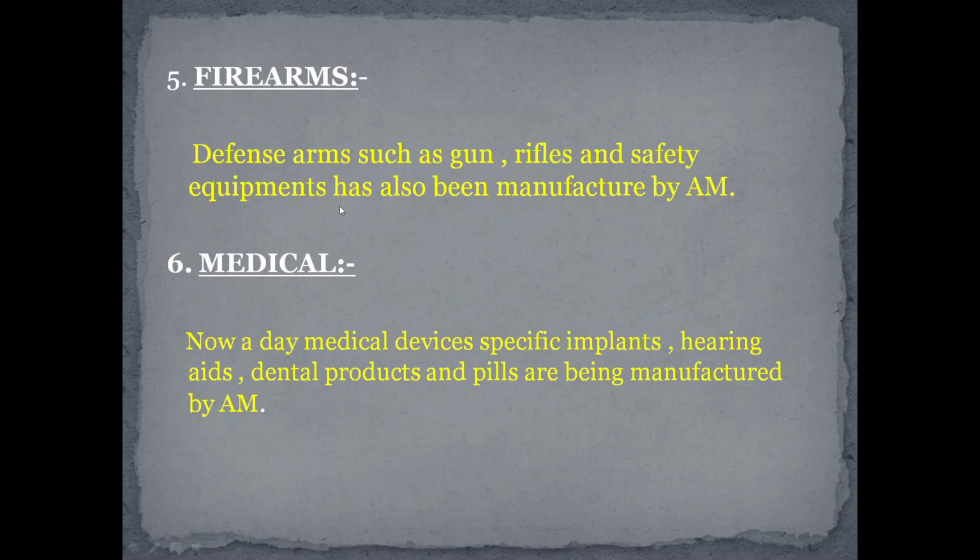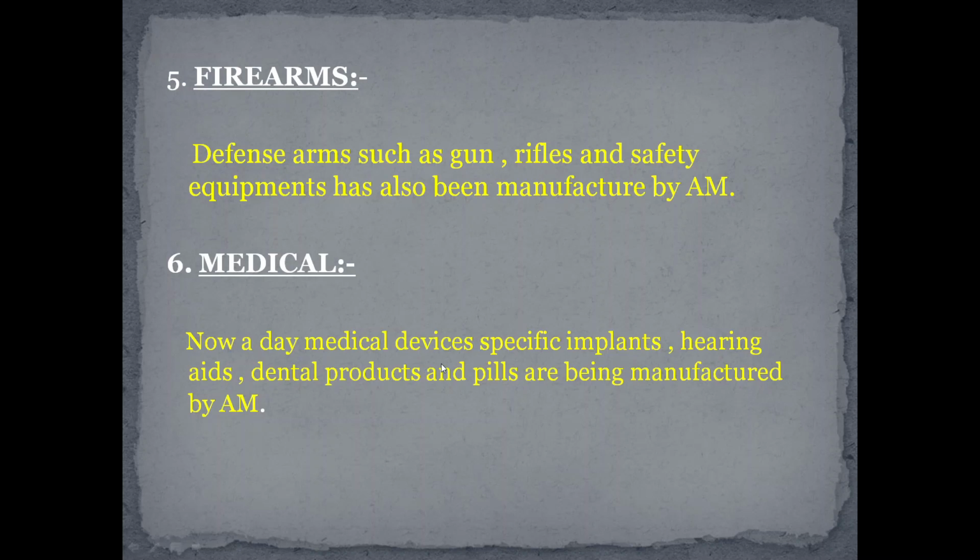Now, my fifth application is firearms. You can see here firearms also have complex shapes. Defense arms such as guns, rifles, and safety equipment have also been manufactured by the additive manufacturing process. And the sixth application is medical. We know that additive manufacturing is also used in the medical sector.